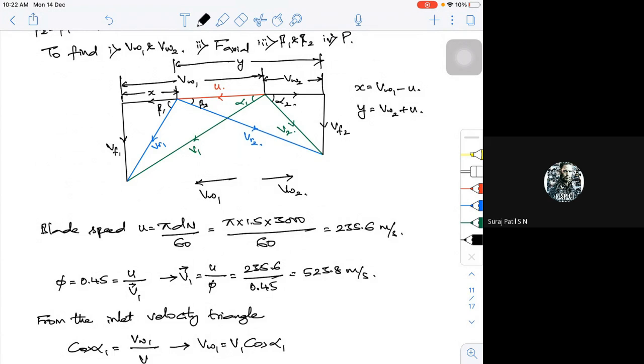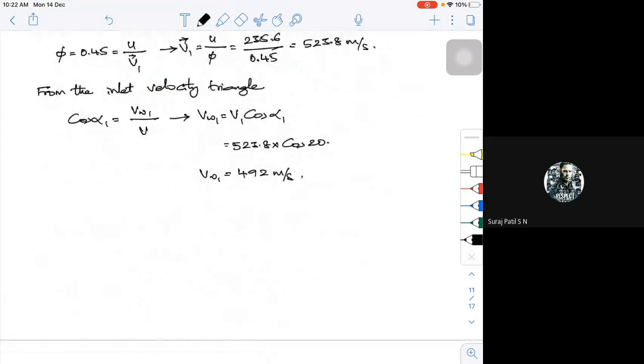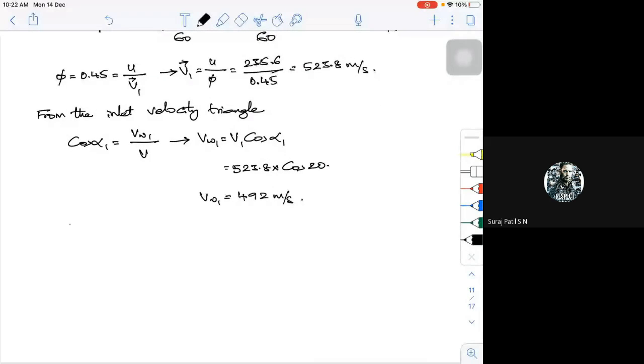What is x actually? x is equal to VW1 minus u, that is 492 minus 235.6. So x is equal to roughly 256 meters per second.